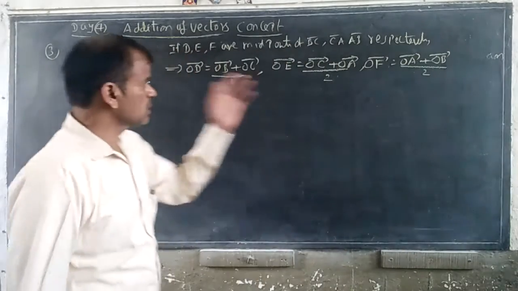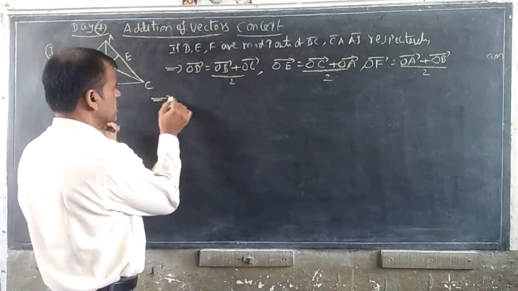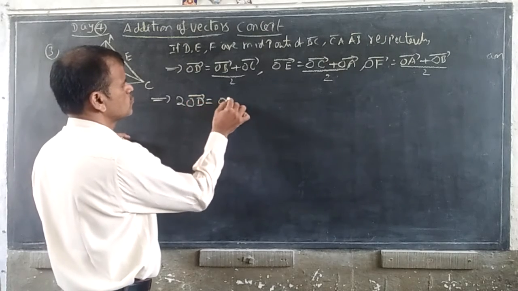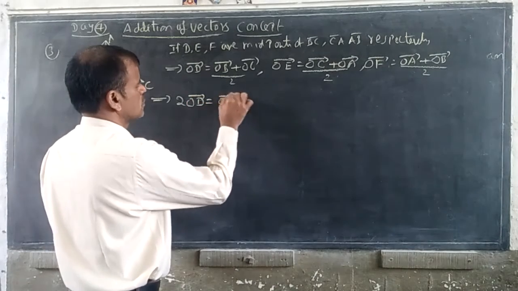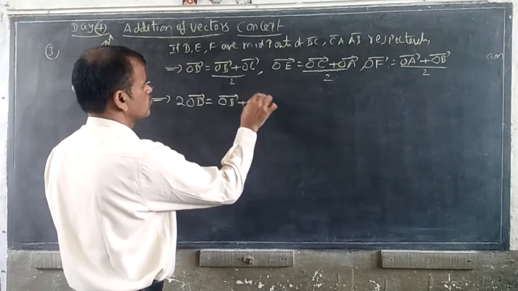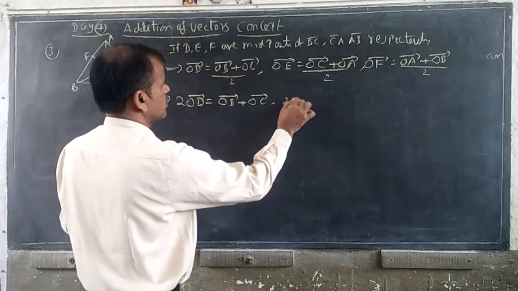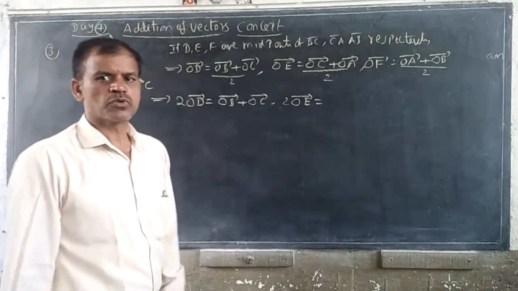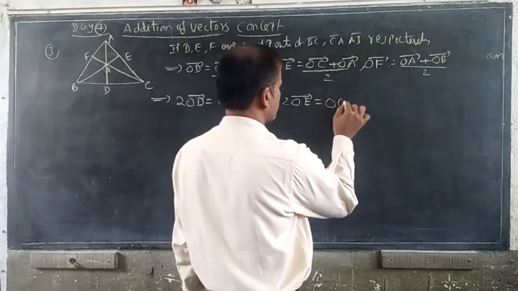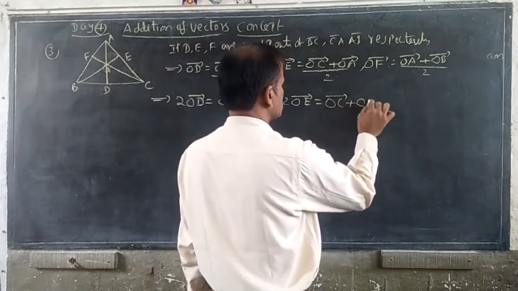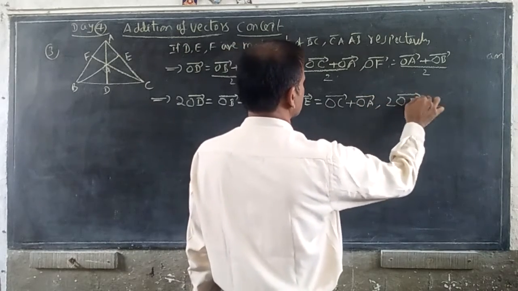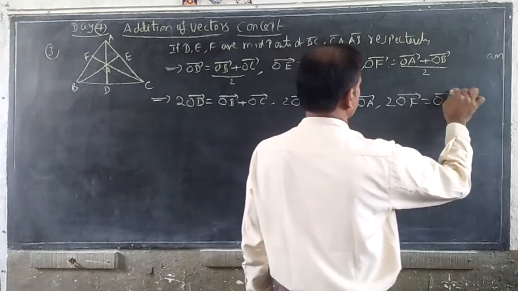This is the midpoint concept. The cross multiplication gives 2OD is equal to OB plus OC, 2OE is equal to OC plus OA, 2OF is equal to OA plus OB.